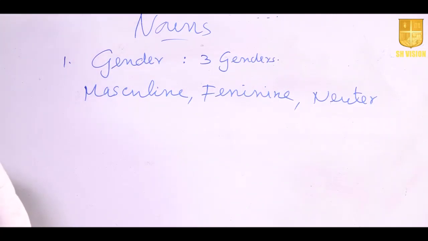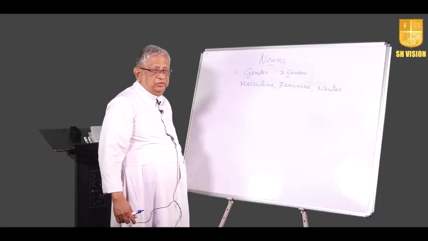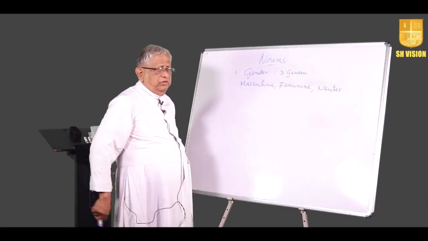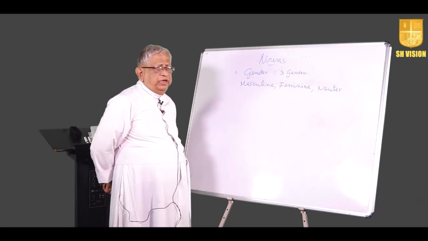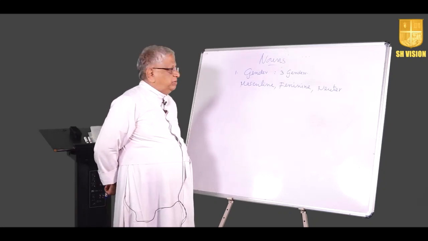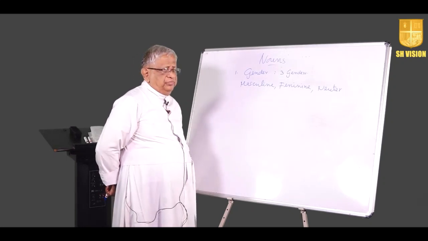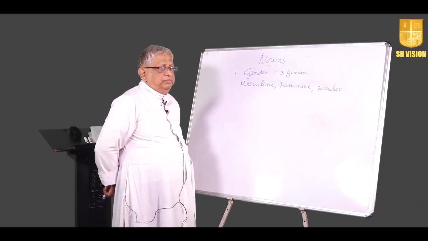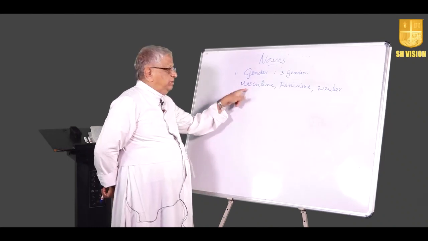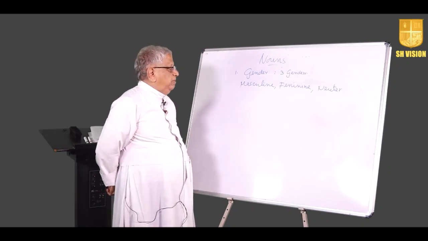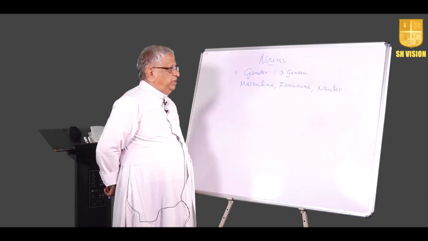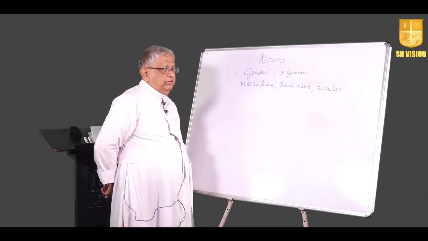So how do you know whether a noun is masculine, feminine, or neutral? There are evidently words which belong to categories. For example, a man. Man is a man, it is masculine. So that word itself indicates its gender. Woman, that is feminine. Or neutral is a thing, anything.